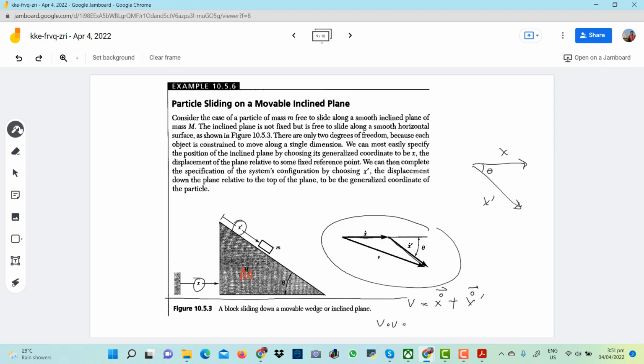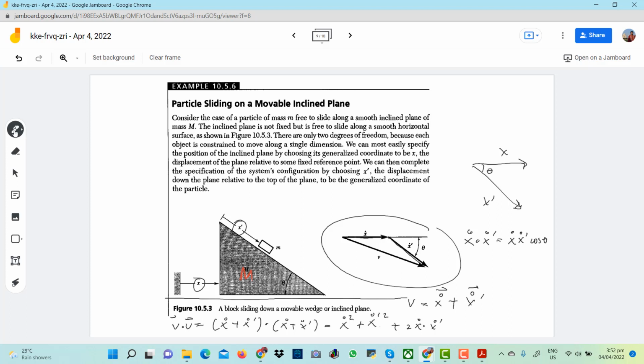If you do a dot product of itself, v dot v, vector v is just equal to x dot plus x dot prime dotted with x dot plus x dot prime, which is equal to x dot square plus x dot prime square plus 2 x dot dotted with x dot prime, which by definition x dot prime is equal to x prime cosine of theta.